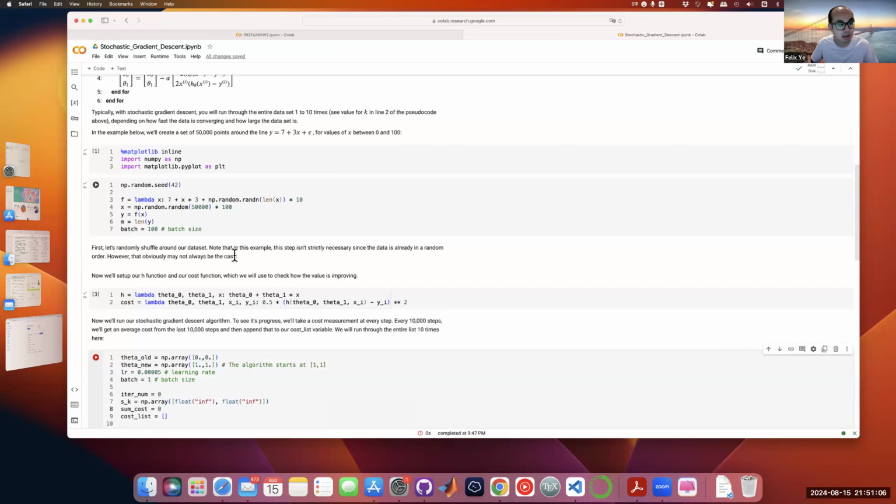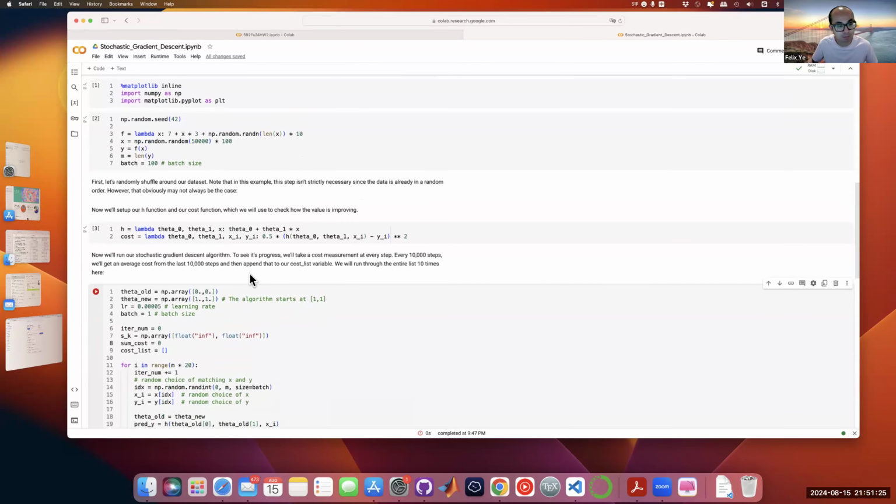First we need to reshuffle the data, but for this particular example this is not strictly necessary because the data is already in random order. But of course, if you work with images and other things, you probably need to reshuffle it. That would be helpful.